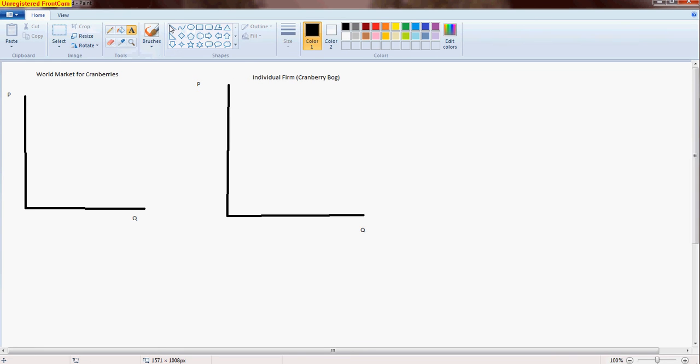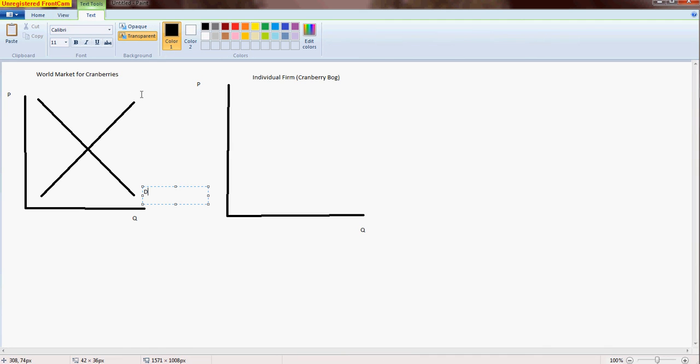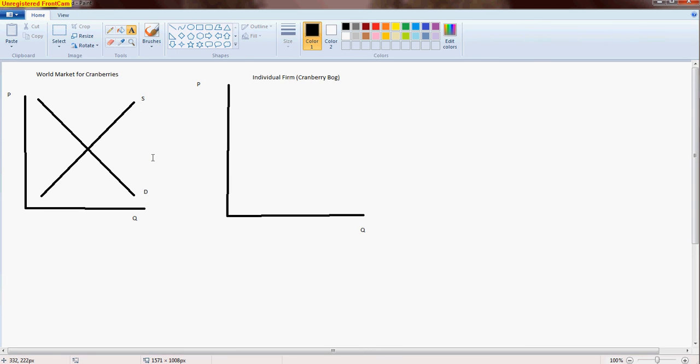So first we have to draw in our demand curve for the world market graph, and we also have to draw in our supply curve, and we'll label these. So we have our demand and our supply curve, and then you'll notice that right here this is where we're going to be getting our price. It's where the market equilibrium is located.